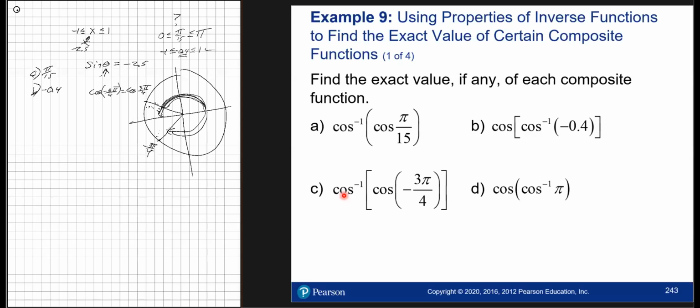Square root of 2 over 2. This is one of those numbers you need to have in your head. So x is the square root of 2 over 2. Boom, I solved it. So when involving the inverse, isolate the inverse trig function first. And so that's what we did.